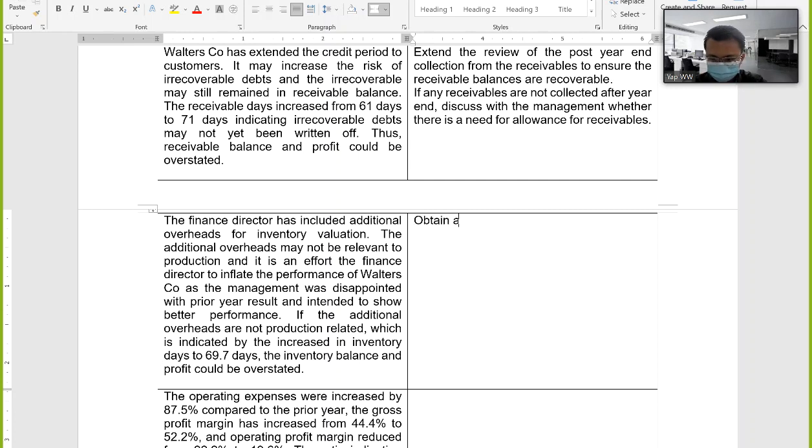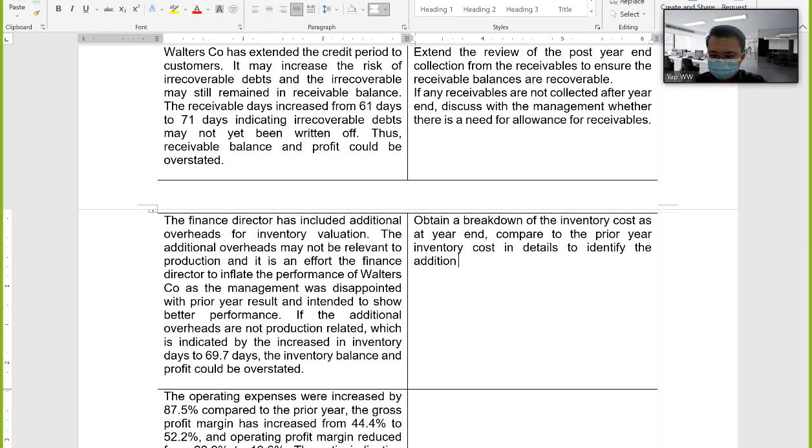First of all, obtain a breakdown of the inventory cost as at year end, compared to the prior year inventory cost in detail, to identify the additional overheads being included during the year.